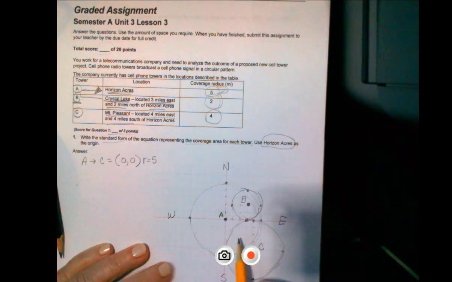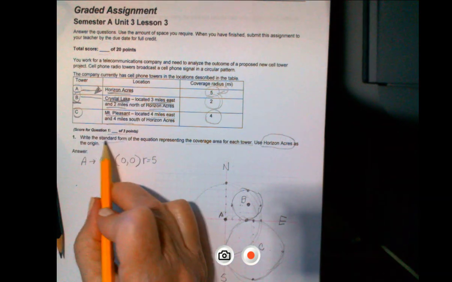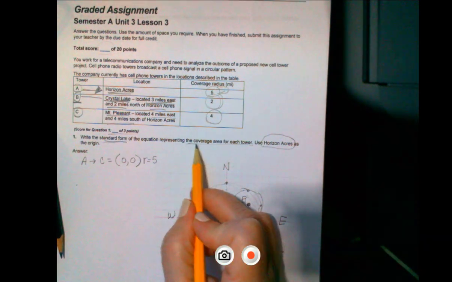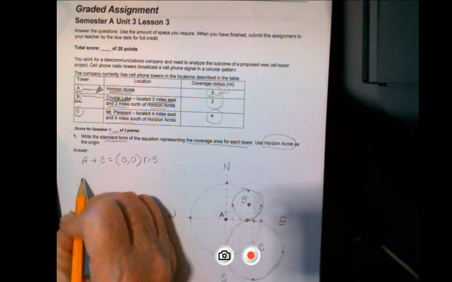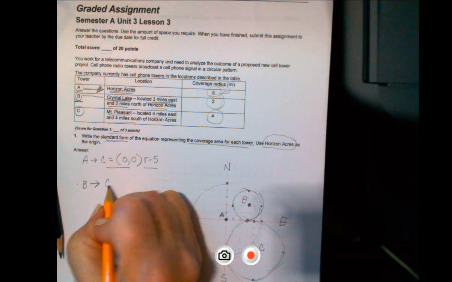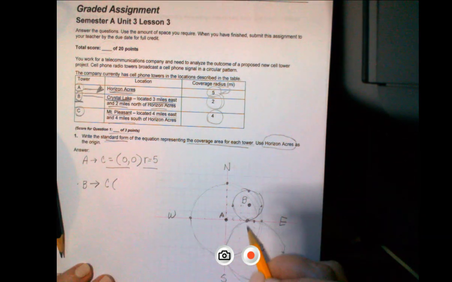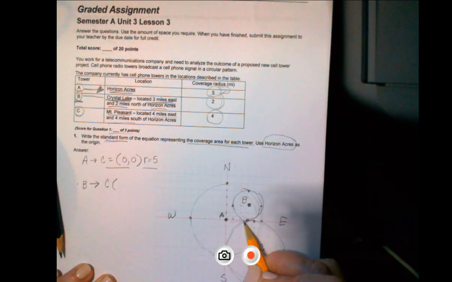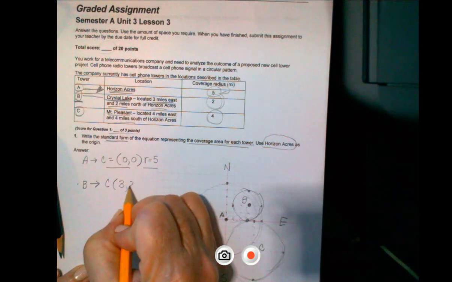So now you see where there's some overlap, and we're going to use this to write the standard form of the equation representing the coverage for each tower. So we know the center and the radius for cell tower A. Cell tower B is going to be at Crystal Lake. So the center is, let's go back and look, over 3, up 2.